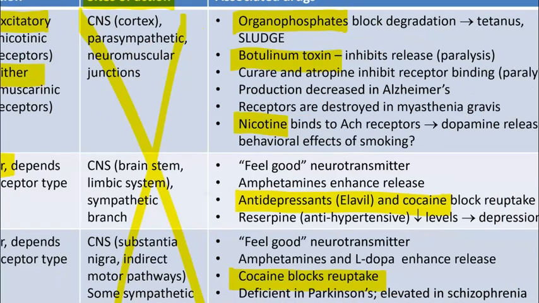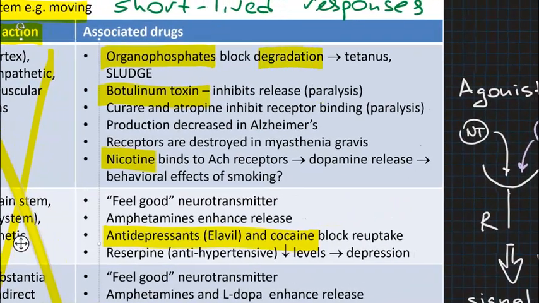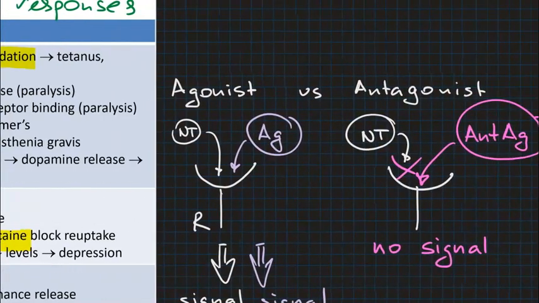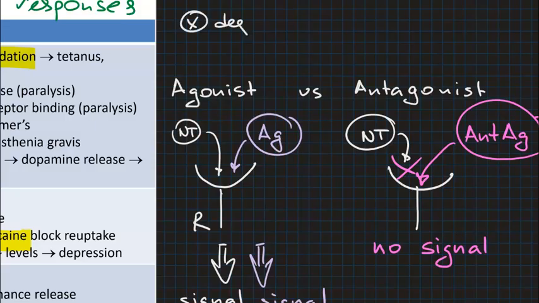Organophosphates inhibit the degradation of neurotransmitter. Okay? So I've got a question for you. If we block degradation of neurotransmitter, what's going to happen to the strength of the signal that goes through the synaptic cleft, huh?